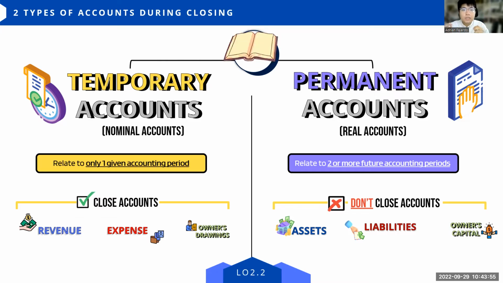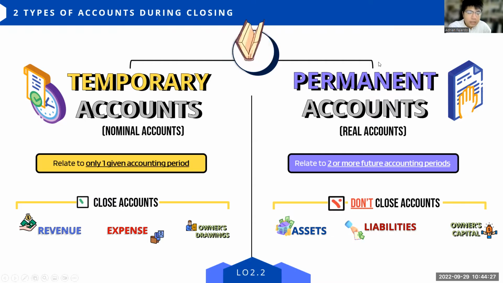I was able to sell something, so it became 3,000. Now I just update it at the end of the period, so my year 2 beginning balance would be 1,000 plus the additional 3,000, which is 4,000, right? So again, your assets, your liabilities, and your owner's capital don't zero out. They just get updated. We have to make sure that we update these permanent accounts. We don't close them out.